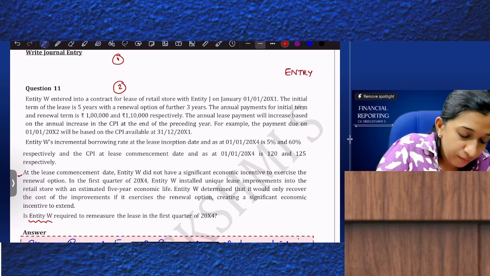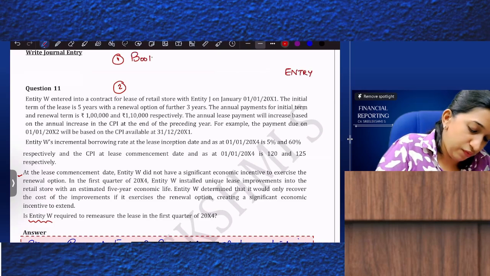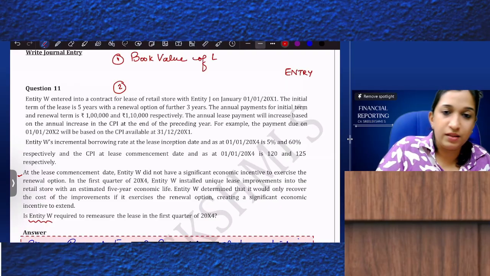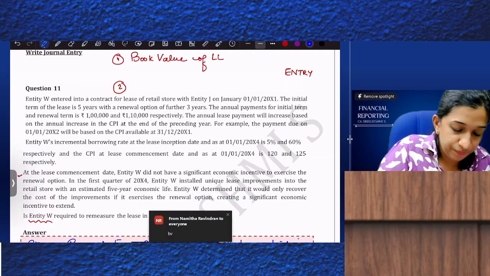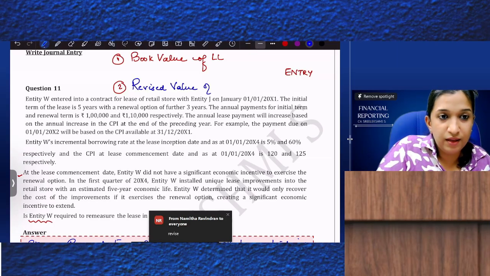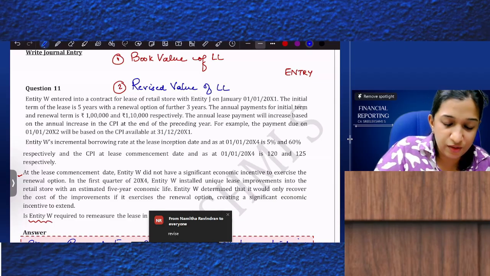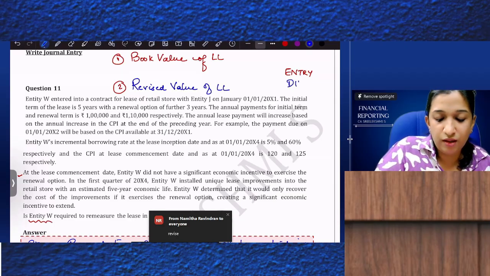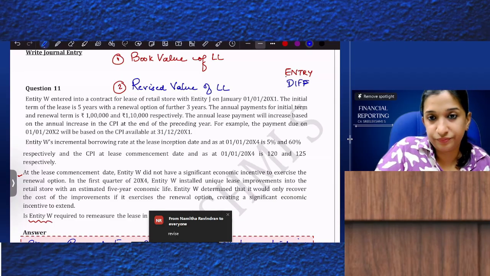Step number 1: book value of lease liability. Step number 2: revised value of lease liability. Then the entry for the difference.